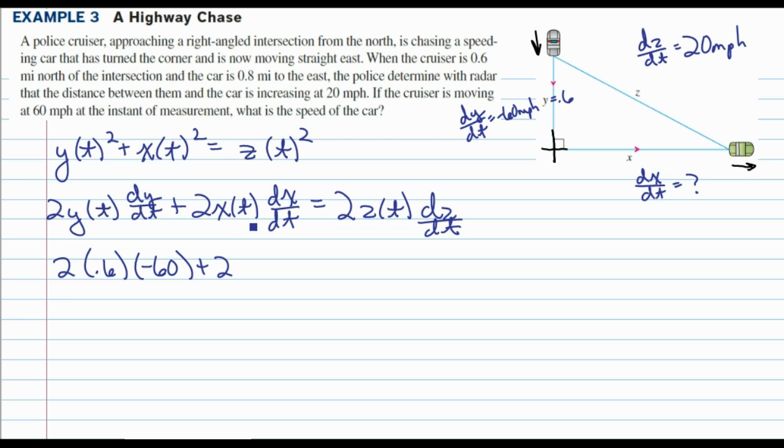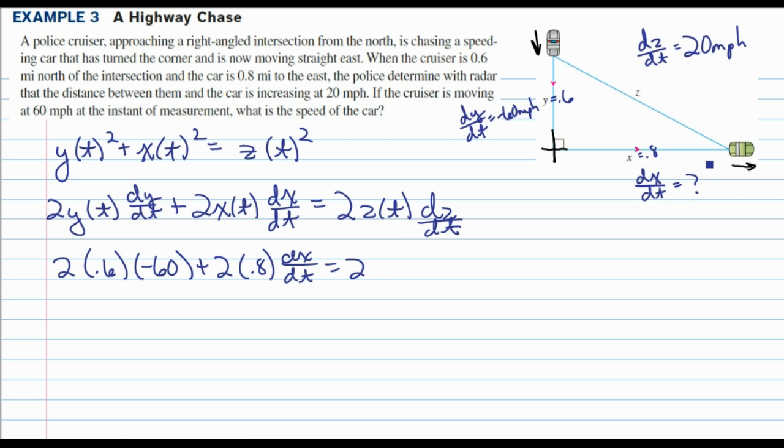Plus 2 times x(t); the speeding car is 0.8 miles, so x is 0.8 at this instant. It's going to change, but right now it's 0.8. dx/dt, the speed the speeding car is going, we don't know, so we're still looking for that. Then we have 2 times z.